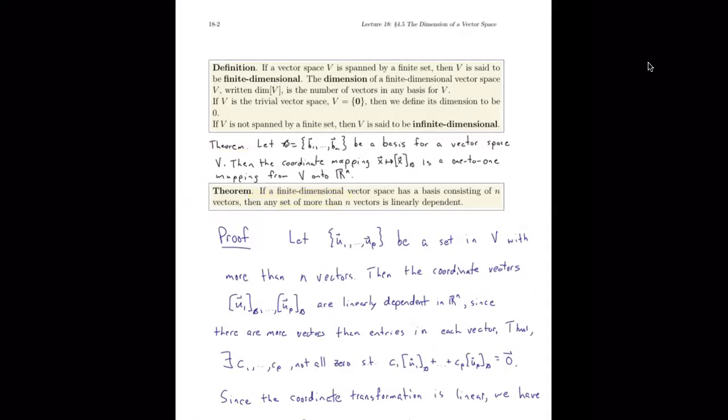If we let B be a set of basis vectors b1 to bn for a vector space V, then the coordinate mapping from x into B-coordinates for x is a 1-to-1 mapping from V onto Rn. We've already established that this coordinate mapping is linear, but we can also prove somewhat easily that it's 1-to-1 and onto. The textbook covers that proof in case you're interested.